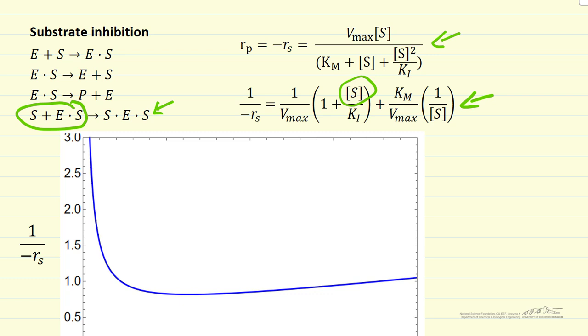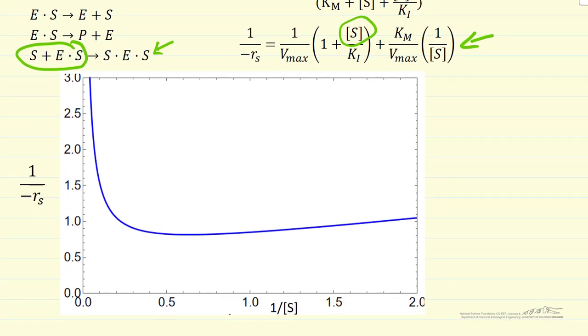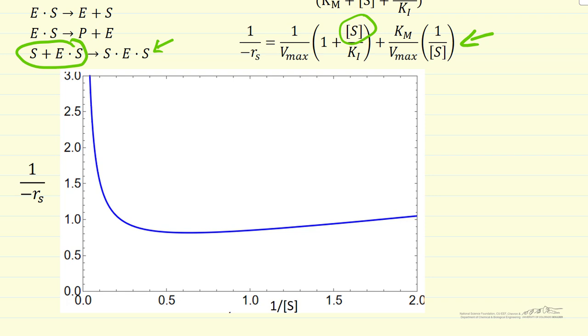That means when we look at the plot, it's not going to be linear. Notice that as the substrate concentration increases, moving to the left, 1 over the rate increases rather dramatically. Namely, the rate decreases as the substrate is inhibiting the reaction by reacting with that enzyme-substrate complex.